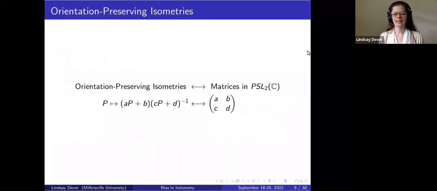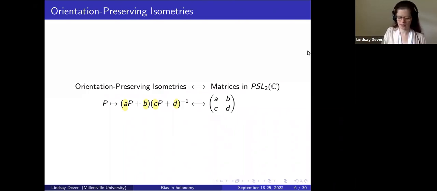And it turns out that the orientation preserving isometries in this space can be written down with an explicit map, where P maps to (AP plus B) times (CP plus D) inverse. And that's using that weird non-abelian multiplication that I talked about. And if we just take these coefficients, A, B, C, and D, off of this map and put them in a matrix, it turns out that that will correspond to a complex valued matrix with determinant 1.